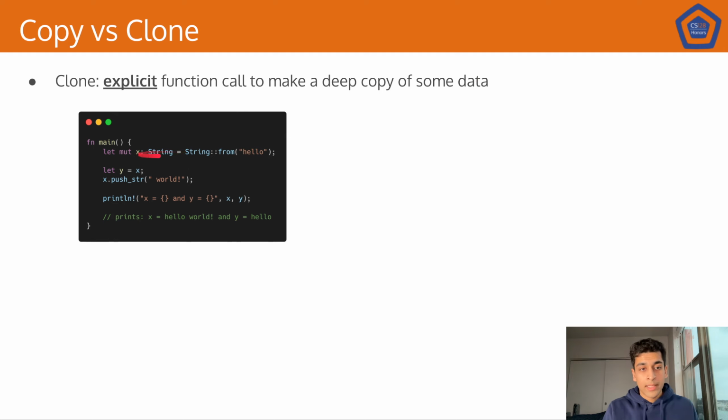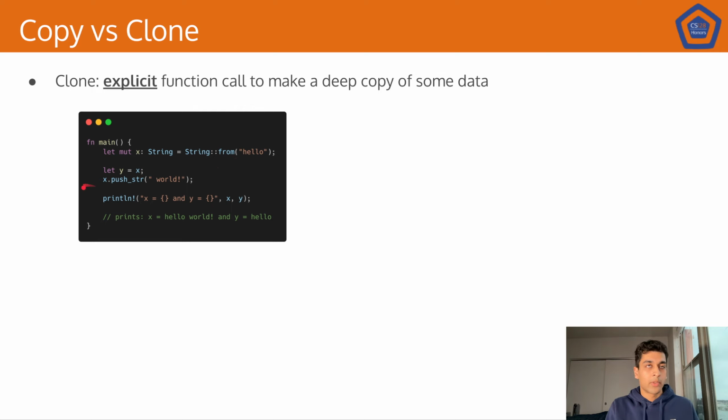So when we try to create a new string x with the string hello, and then we move ownership from x to y, x no longer has access to that piece of data. So this line of code will not compile because we moved ownership of this string into y.